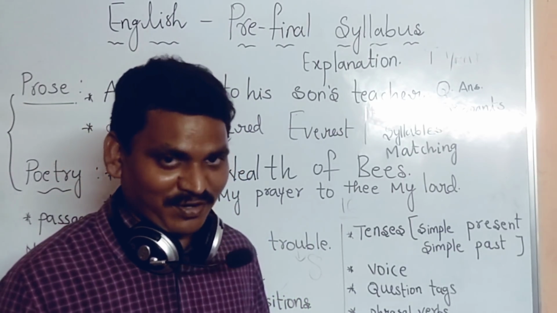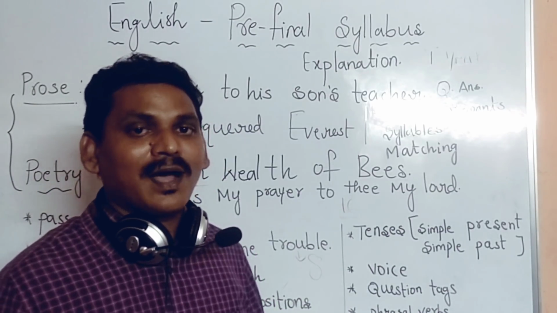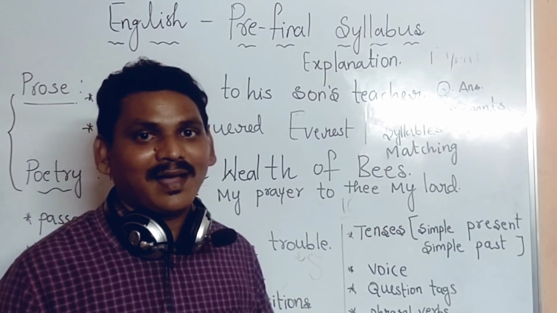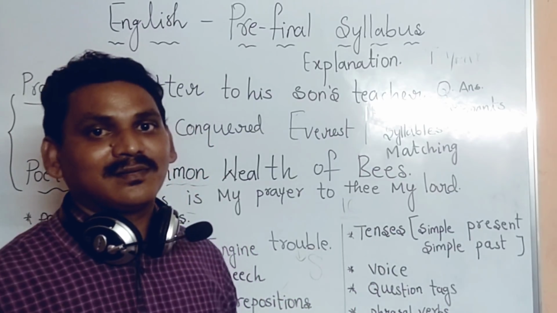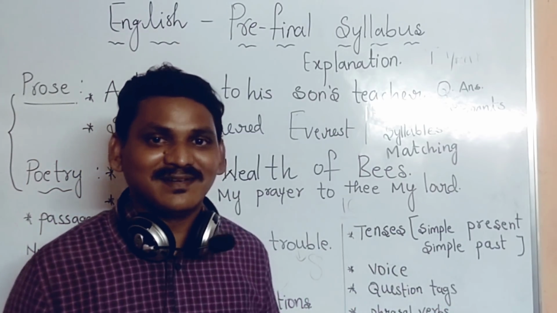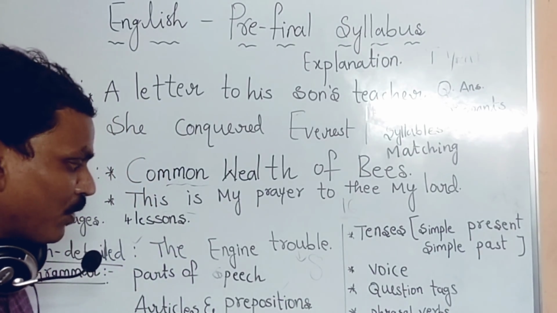For example, look after. What is meant by look after? To take care of. So, I looked after my mother. I looked after my parents. I looked after my children. Like that, you have to write a sentence using the phrasal verb. Right? So are you following me?